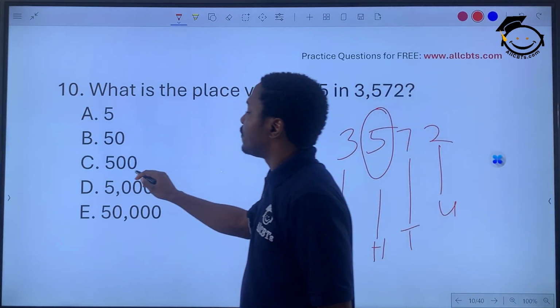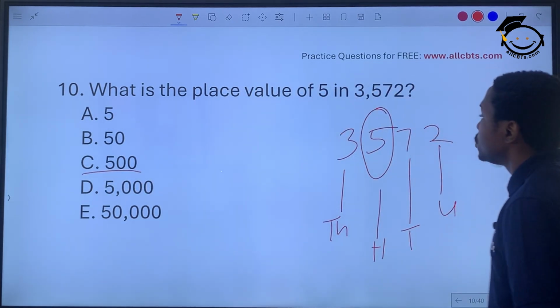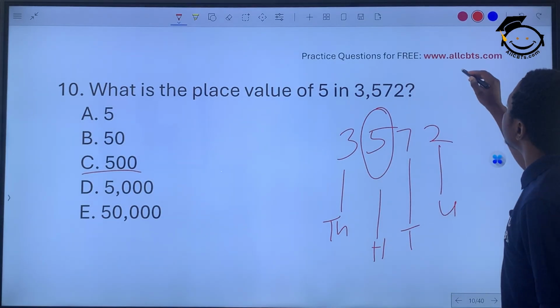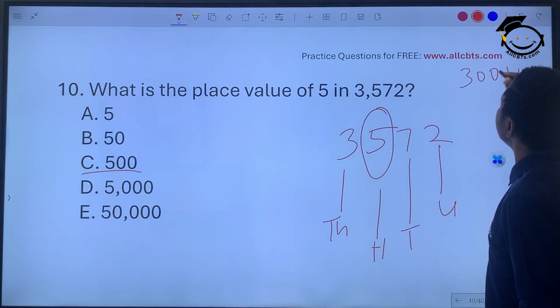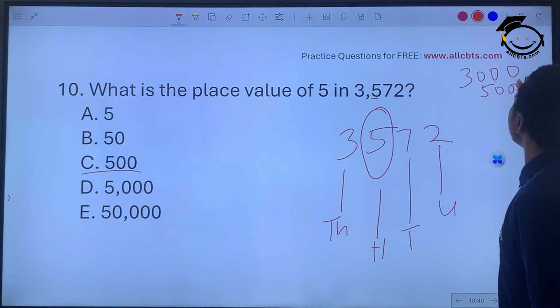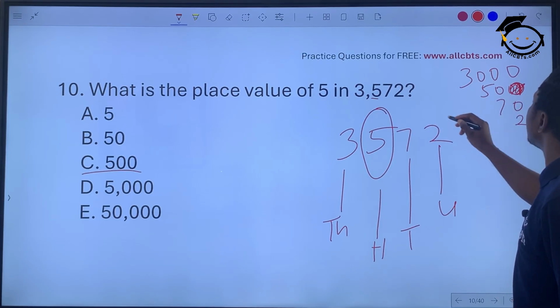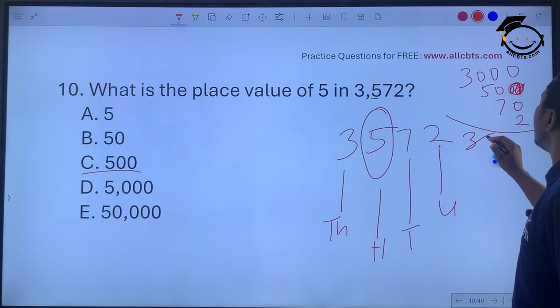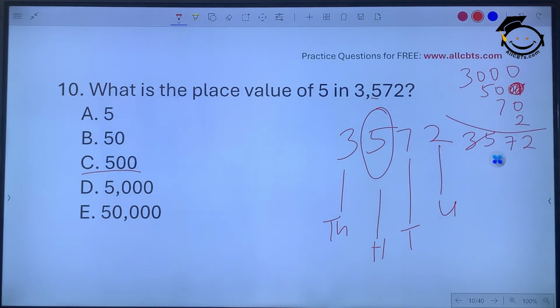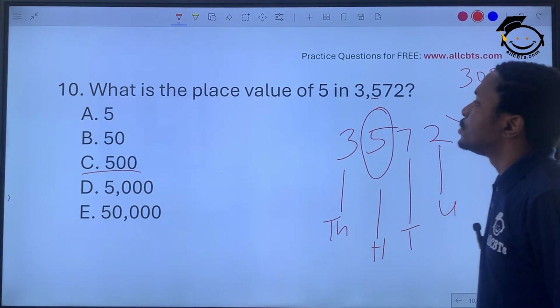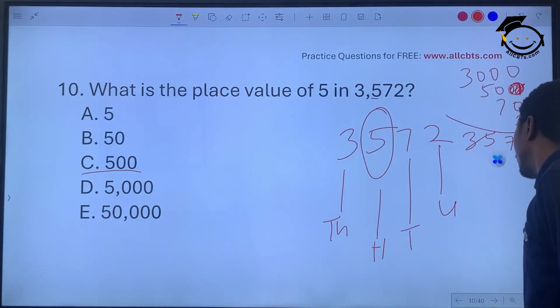So that is what? 500. And if you want to break it down, you can also say 3,000, 500, 70 and 2. By the time you add this up together, you have 3572, right? So the place value is 100.